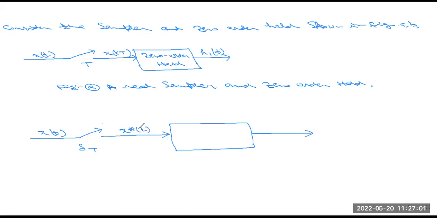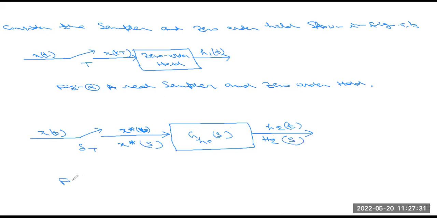You know that this is t, small t, and that is also x star of s. G is the transfer function of the zero order hold. That's why we have written it here, that is also h2 of t.